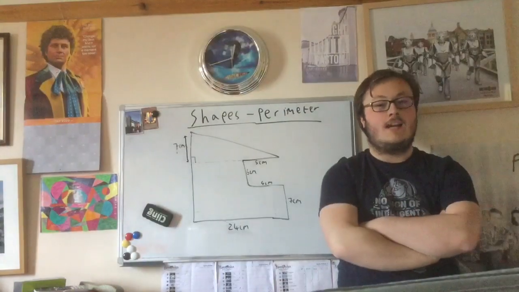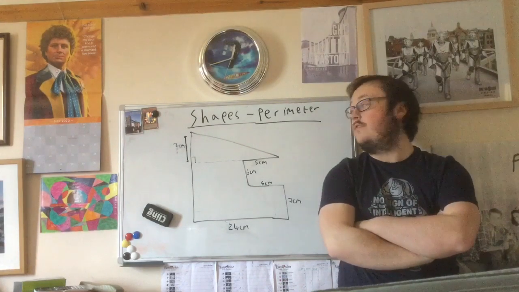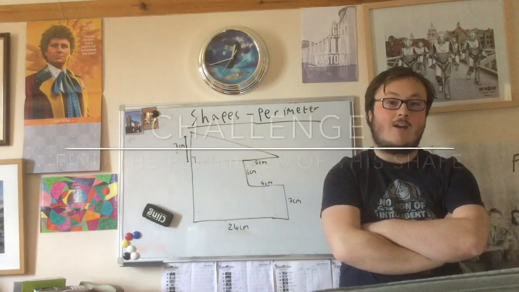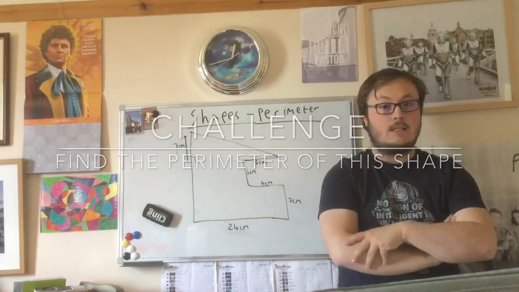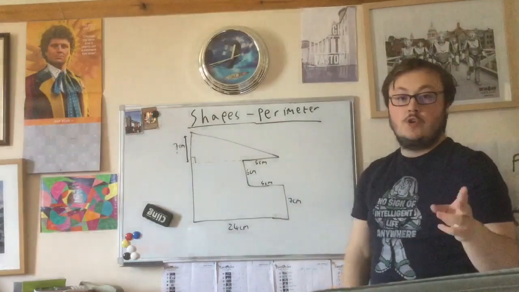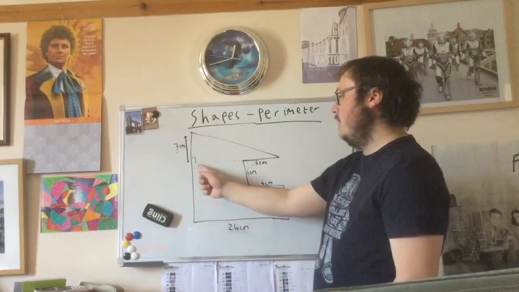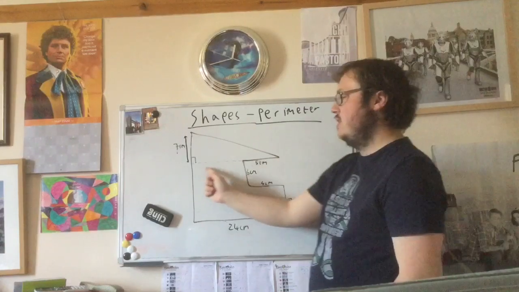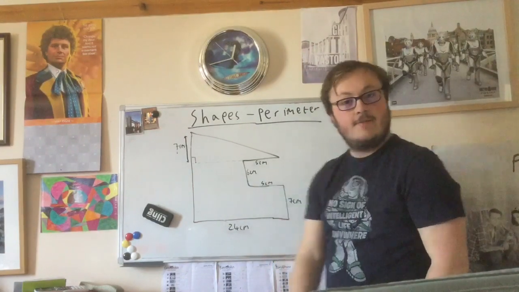Now here is your challenge for today. I want you to find the perimeter of this shape. There's two sides missing that you need to find this perimeter. But I'm going to give you two clues to help you. Okay? I've drawn a little dotted line to show you that this actually can make a triangle, a right angle triangle to be more specific.